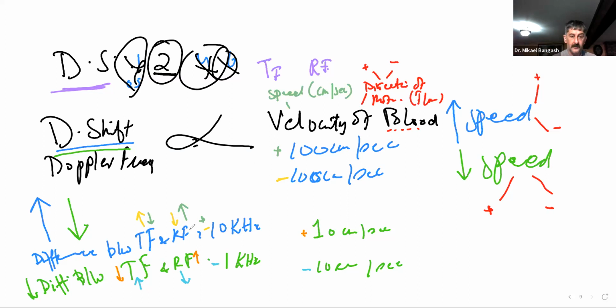And based on which of those two frequencies was greater and which was lower, it determines whether it is positive or negative. Did you girls get that?